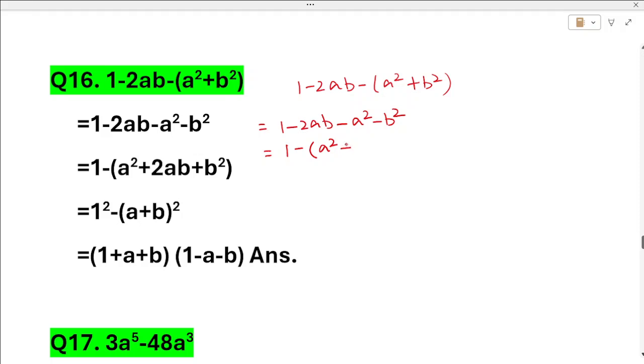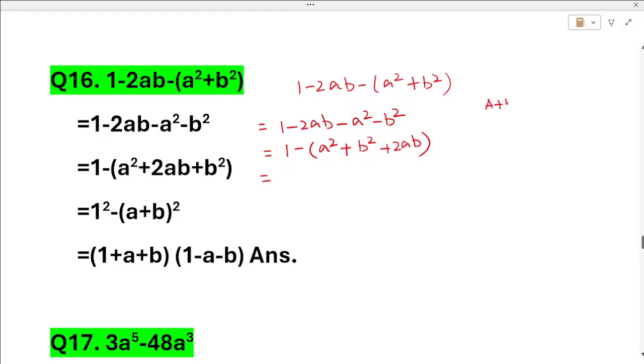Again grouping, I am grouping the terms. Now I have grouped it. Now just for this time, just note it down.